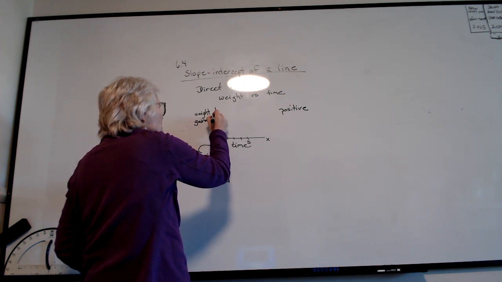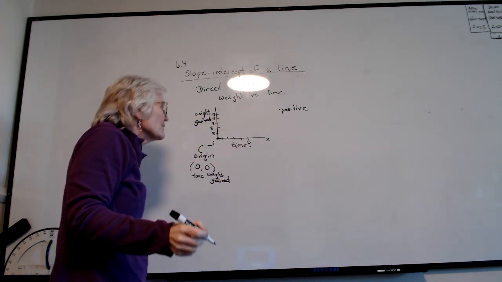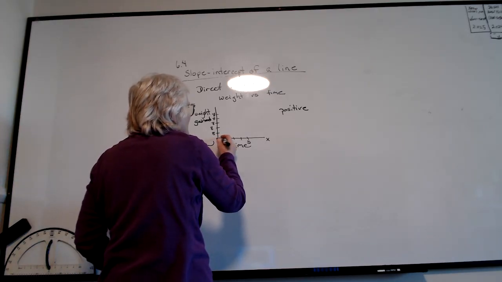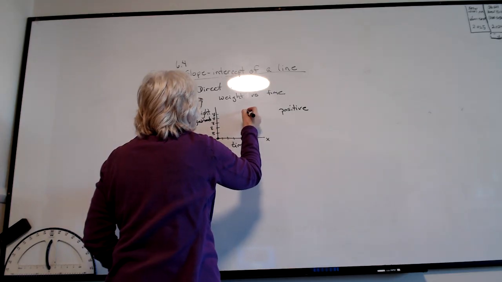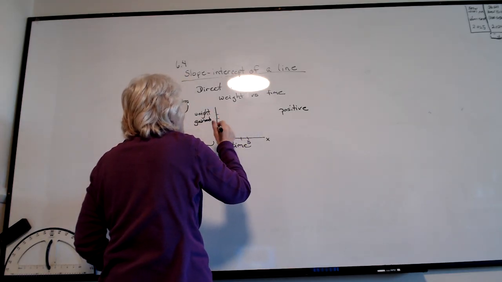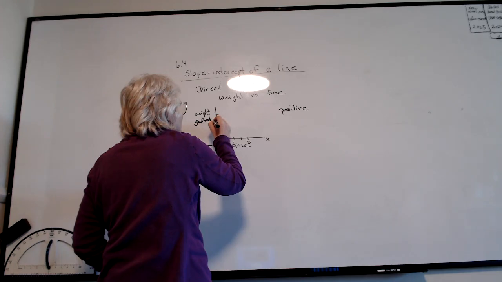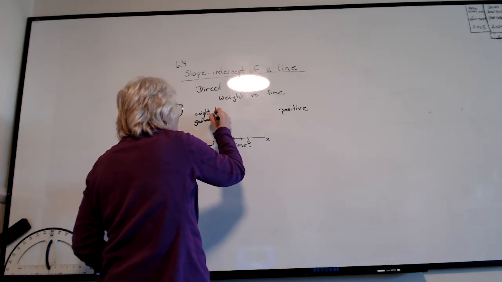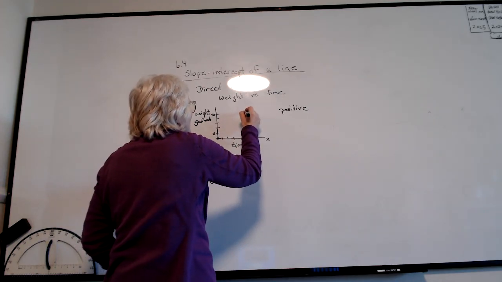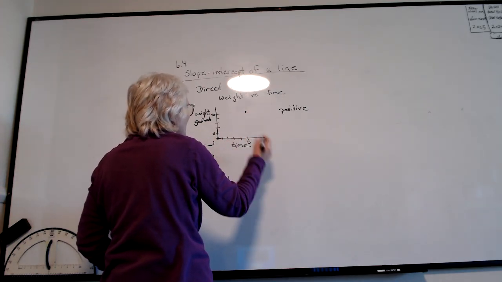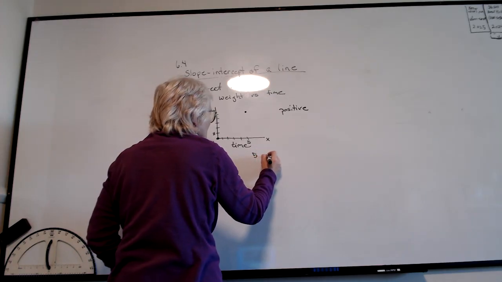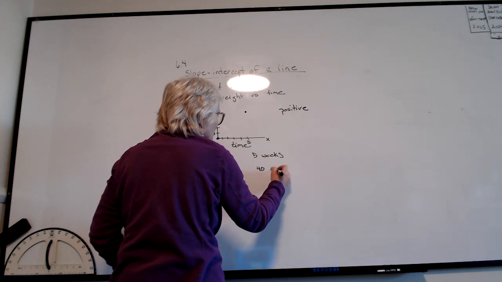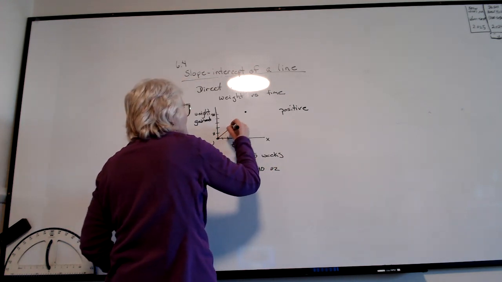I don't know if that's too much, but we'll go for this just because I'm throwing this out in the air. So let's say by week 5, we know we've gained, 8, 16, 24, 32, 40. Okay, so we know we have gained at 5 weeks 40 ounces.